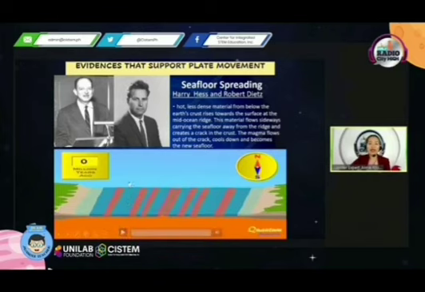So that's how seafloor spreading happens. As you can see here in the figure, you have the blue stripe here and there's another stripe. I think this one is a brown stripe. All right. So as the new crust is being formed at the center, it is being pushed sidewards.